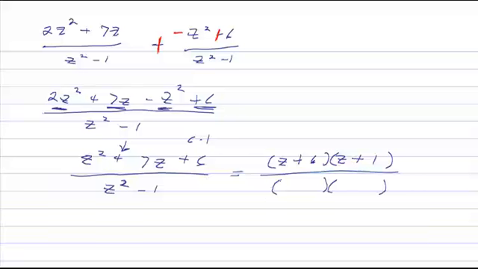Difference of squares. Z is squared, opposite signs, and then 1 is squared. And now we're ready to cancel any common factors, and we see z plus 1 here and here. And we are left with (z + 6)/(z - 1).